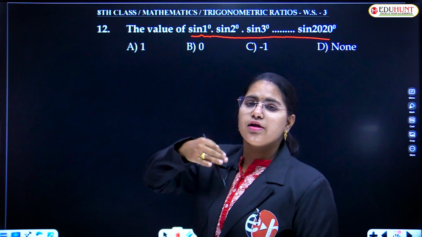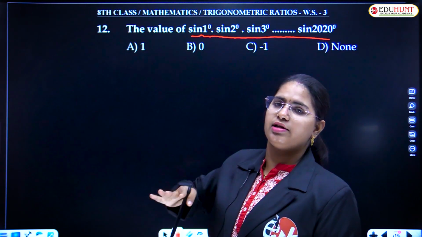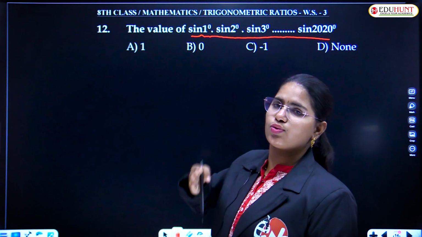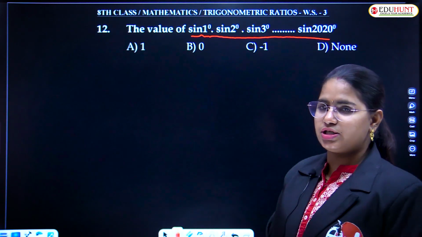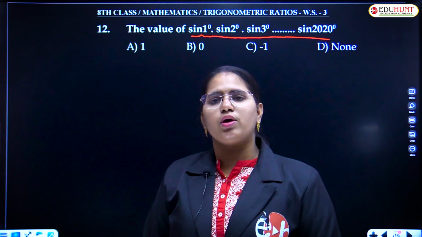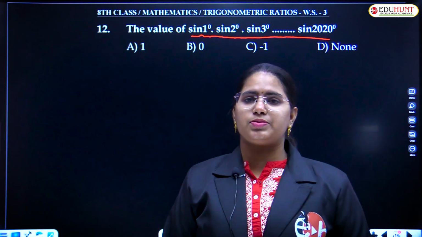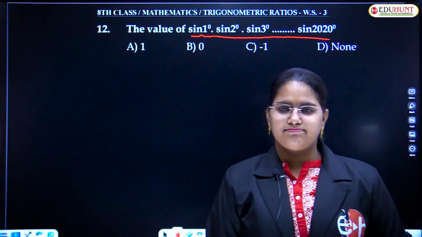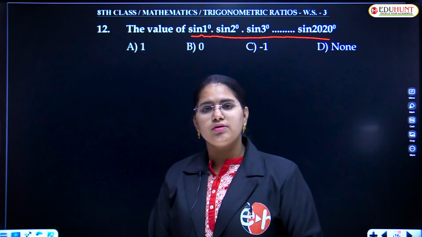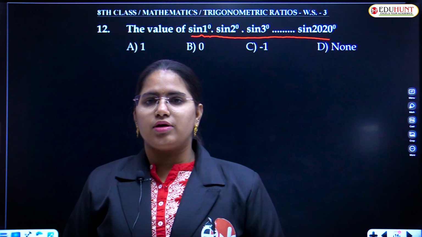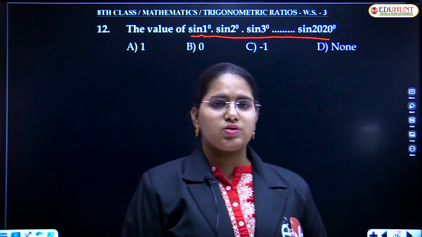So what could be the value of this and how can this problem be solved? Does anybody have a guess? You can tell me if anybody can solve this problem.